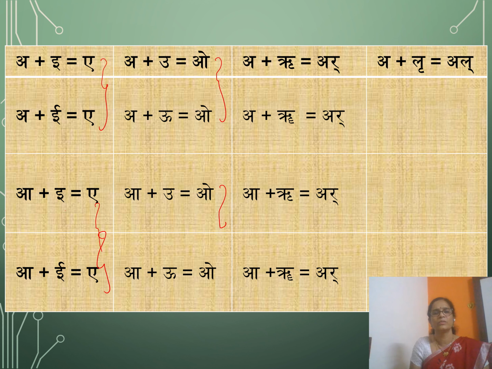Here we can observe that short and long vowel a plus short and long vowel u, we are getting o. Here short and long vowel a and short and long vowel r, we are getting ar. And last, here a plus l, we get al.